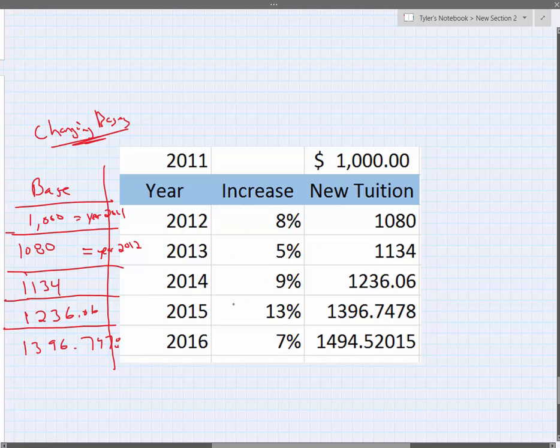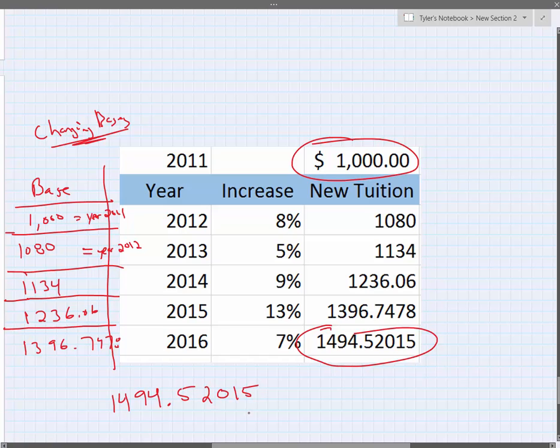So if you wanted to figure this out really quick, maybe the easiest way to do this is you could just calculate the percent change from this amount to this amount, which is 1,494.52015.